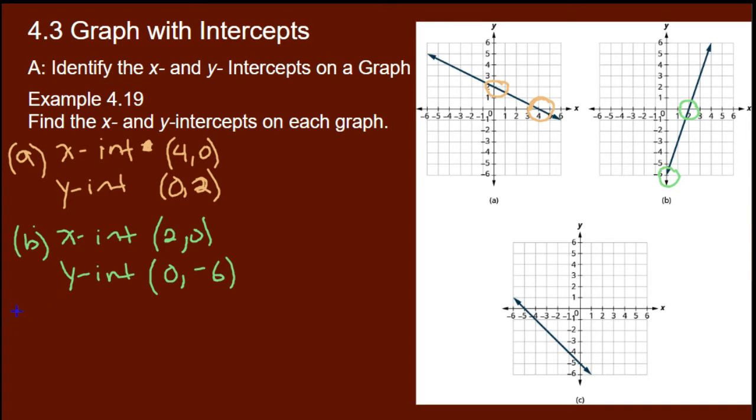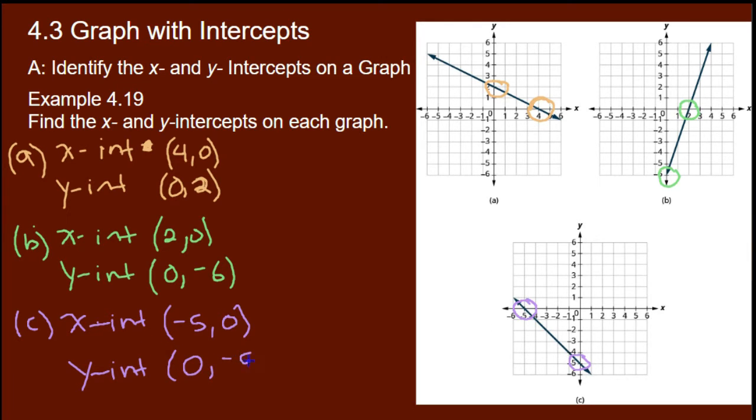And then let's go on to figure C. The x-intercept crosses the x-axis at -5, so (-5, 0), and the y-intercept is also at -5, so it's (0, -5).